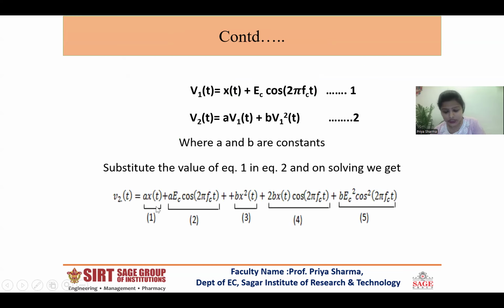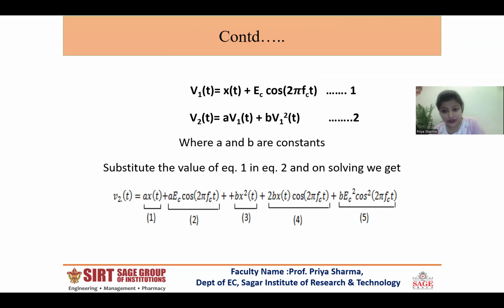The first term does not contain any carrier frequency component, so it is rejected. The second contains the carrier frequency, so it is passed. The third again does not contain any carrier frequency component, so it is rejected. The fourth again contains the carrier frequency component, so it is passed. Why is the fifth rejected?